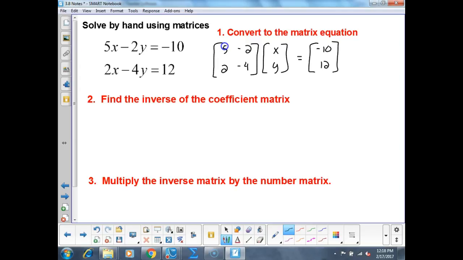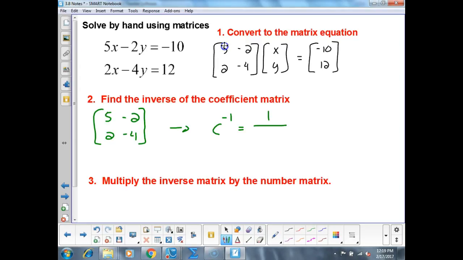Agree with converting it first into the matrix equation. Okay? Then, it says we need to find the inverse of the coefficient matrix. So my coefficient matrix was 5, negative 2, 2, negative 4. The inverse of that, we'll call it C inverse, is going to be 1 over negative 20 plus 4, right?